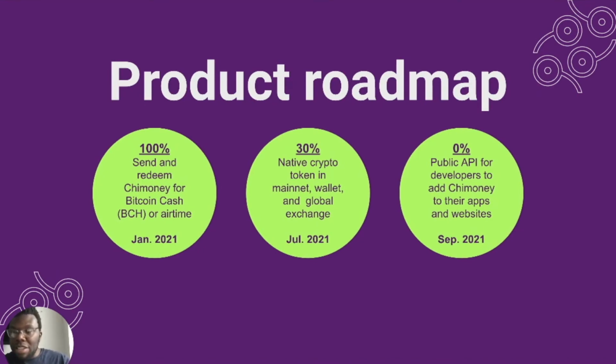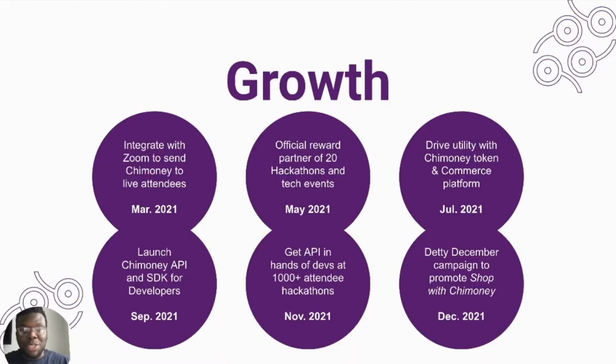And then finally, by September 2021, we want public APIs where developers will be able to integrate easily with Chimoney on their apps. And then there are some growth plans that we have. By March of this year, we want to integrate with Zoom so people can receive Chimoney and exchange it for Bitcoin Cash live during a live event.